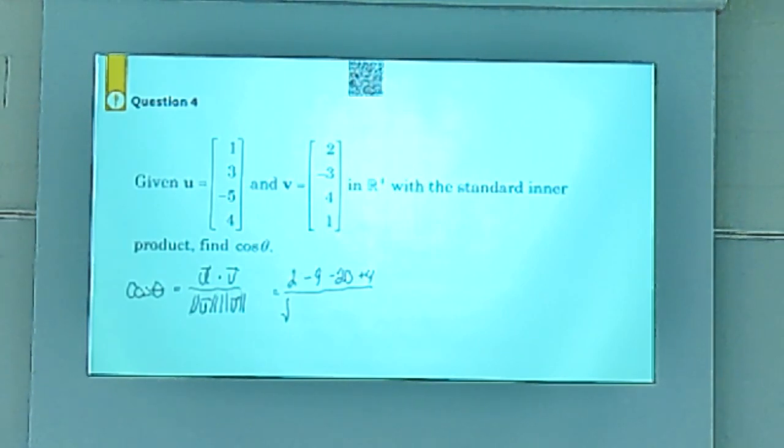Over the square root of u dot u. 1 plus 9 is 10, plus 25 is 35, plus 16, 51.